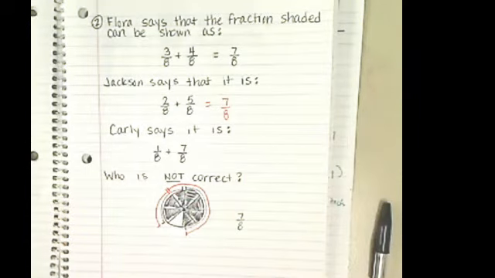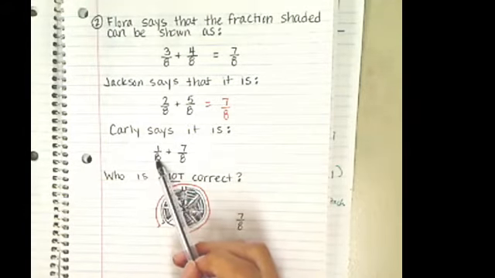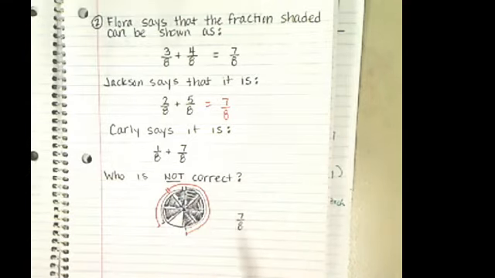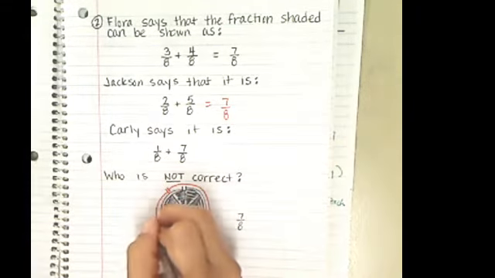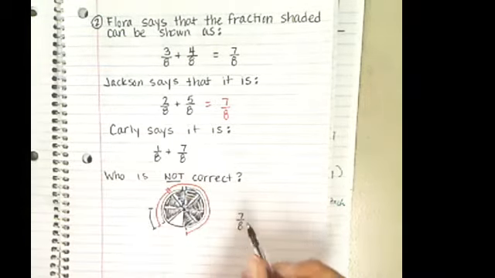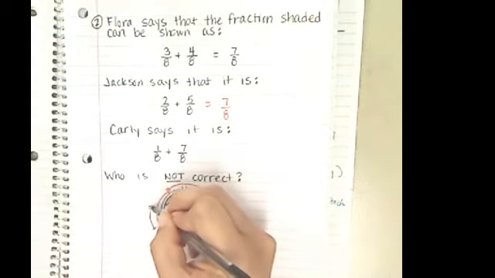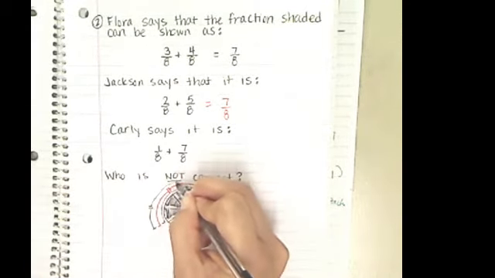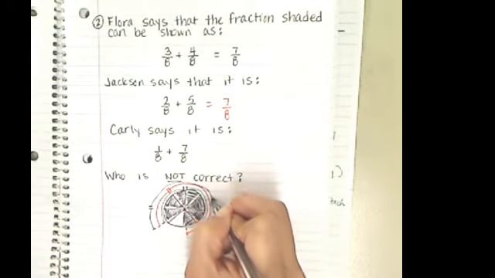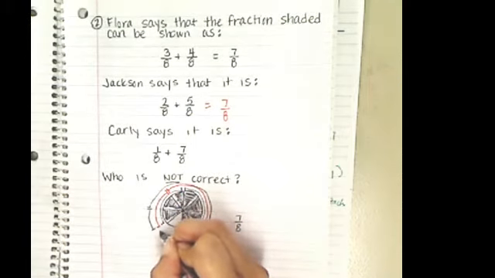Before we jump to just choosing Carly, let's see what's wrong with her thinking. She says that 1/8 plus 7/8 is what this is. So let's look at it. Let's do 1/8, which is just this one piece right here. And then let's see if the rest of the shaded region is 7 pieces. 1, 2, 3, 4, 5, 6, 7.